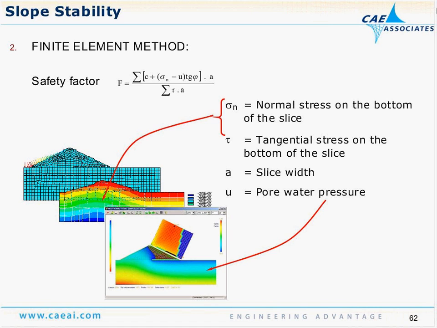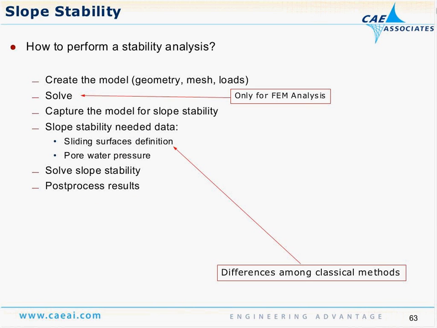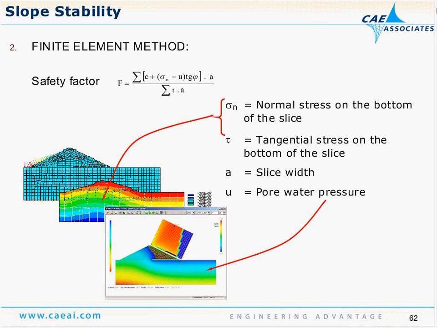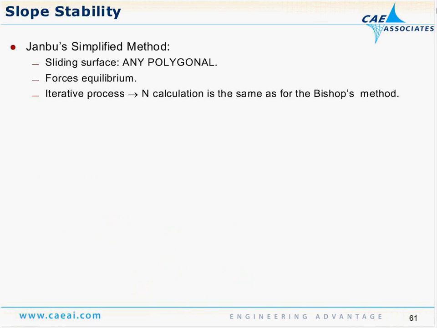We can look at a series of different slices, take our pore water pressure, and come up with the equivalent slope stability safety factors. The safety factors can be calculated for each of the different methods, whether the finite element or, for instance, Bishop's method.